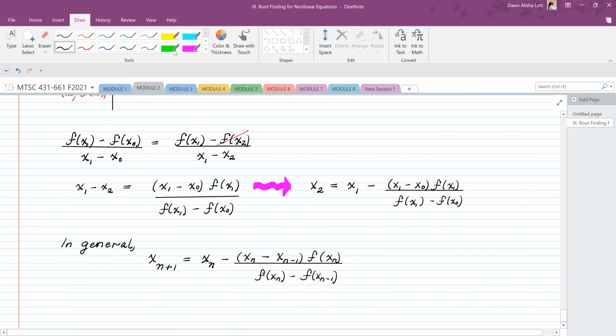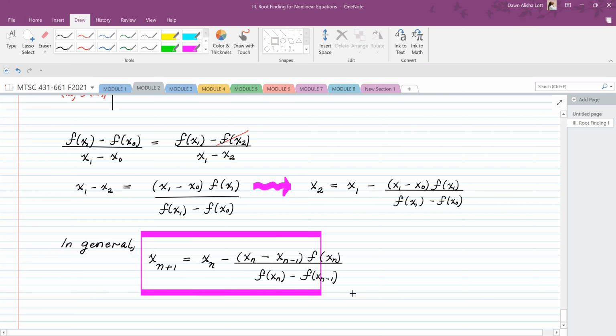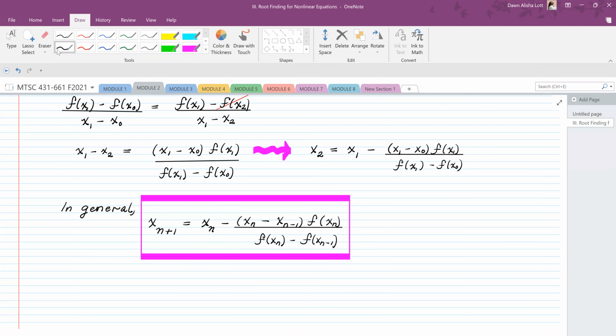And so this is the derivation of the secant method.